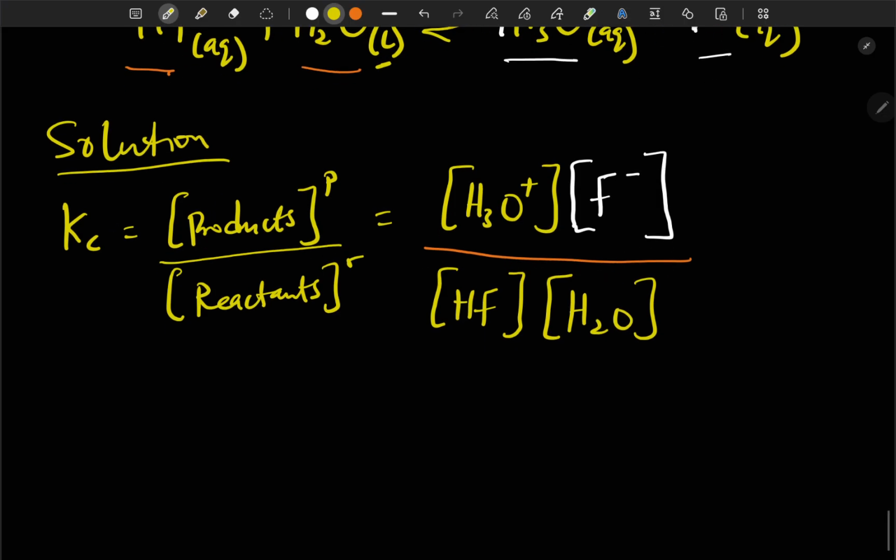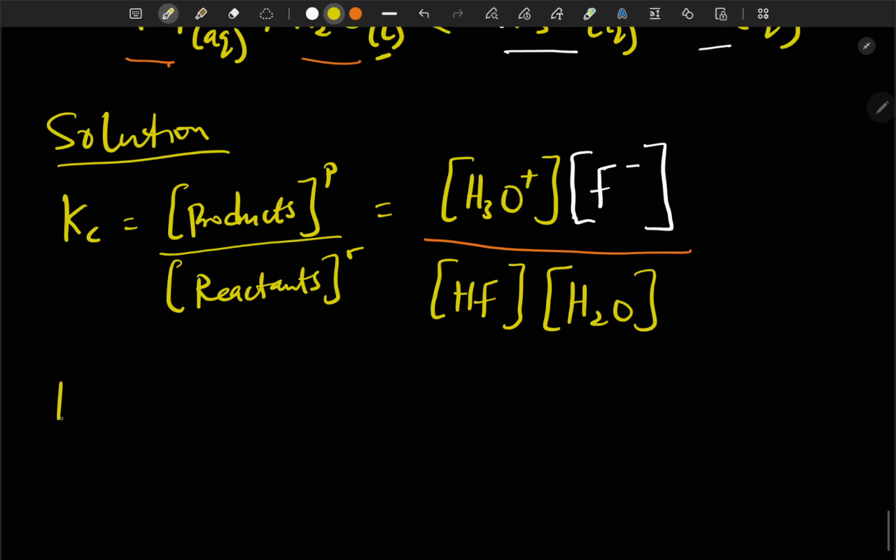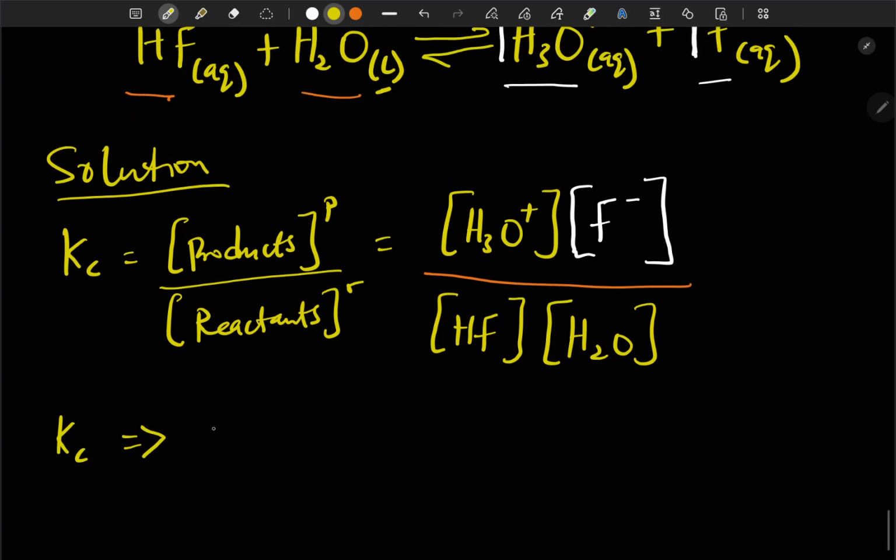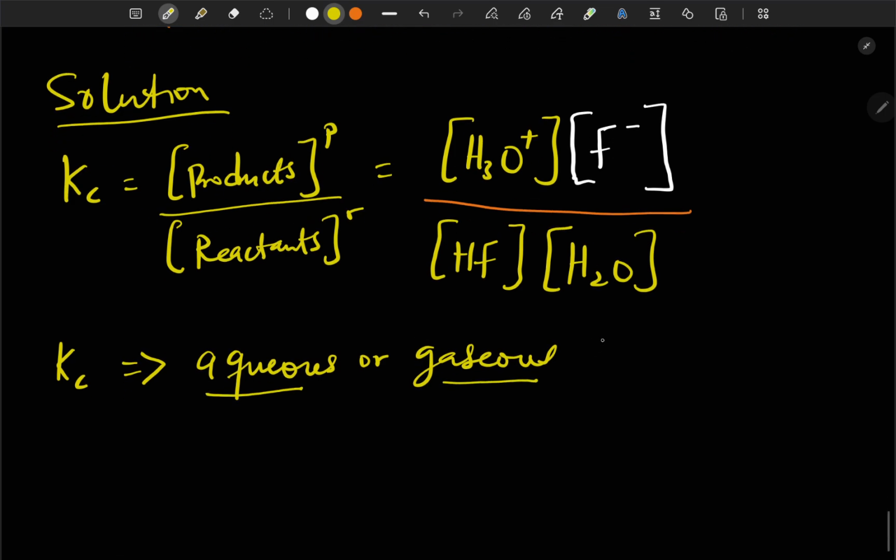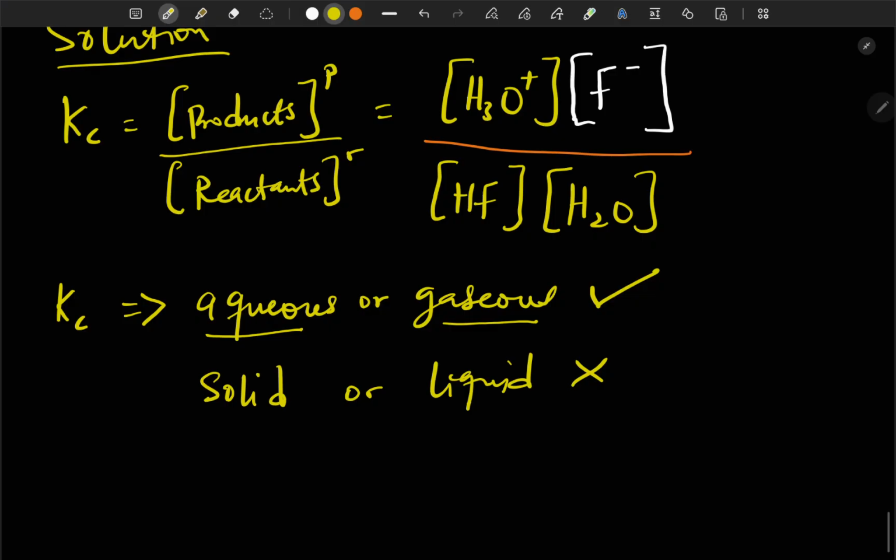Whenever we are writing the equation for Kc, we only include substances in aqueous or gaseous states. We don't include substances in pure solid or liquid states.